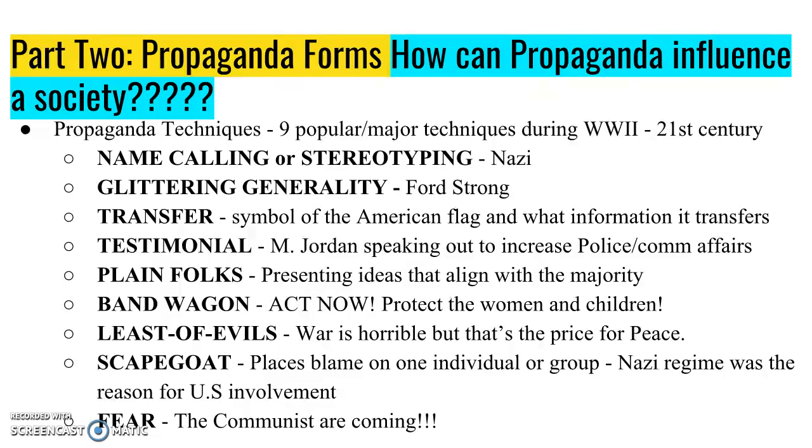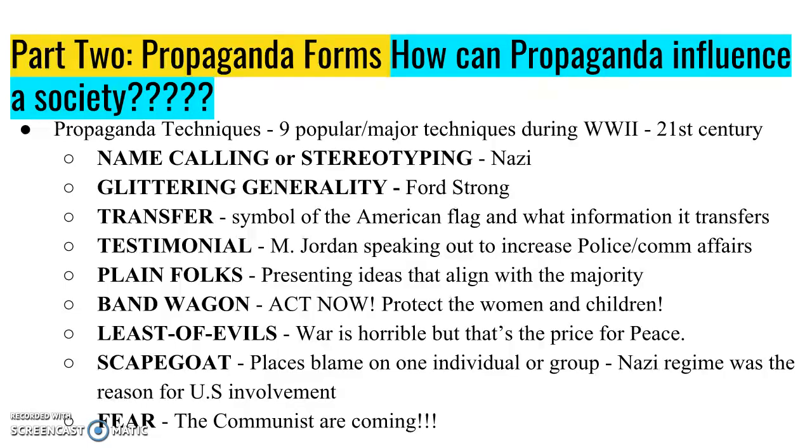and what information it transfers to persuade a society in America. Testimonial, using famous individuals such as Michael Jordan to speak out to increase police community affairs. Plain folks propaganda presents ideas that align with the majority of the society.